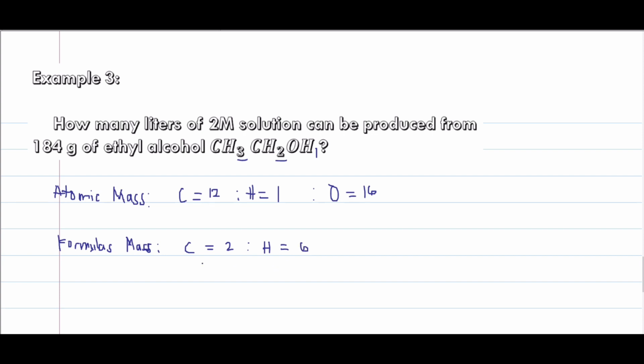Now we find the formula mass: 12 times 2 atoms, plus 6 times 1, plus oxygen, which is 1 atom, so plus 16.